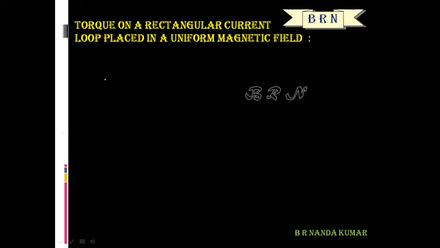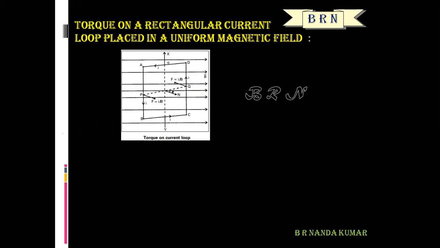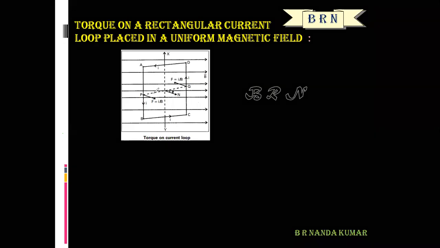A rectangular current carrying loop placed in the presence of a uniform magnetic field will experience torque. First, let us consider a rectangular current carrying loop ABCDA. Here the current flowing in the loop is in the anti-clockwise direction, right?